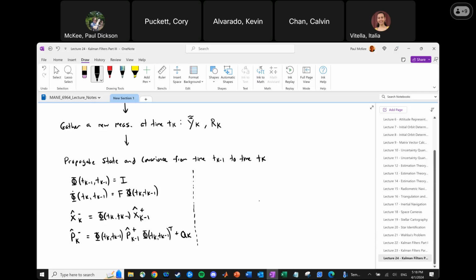Or we could use the ODE45 method instead of the state transition matrix method. And this is where we simply, we'll say this is of t.